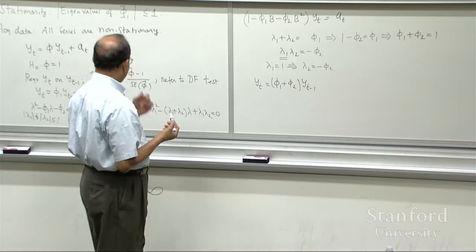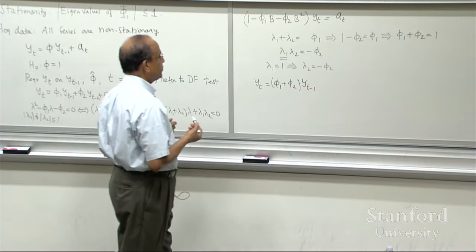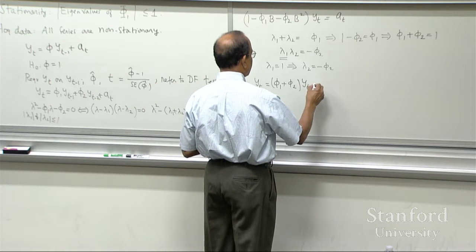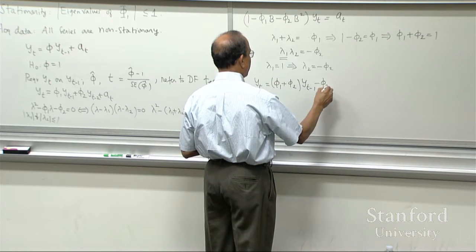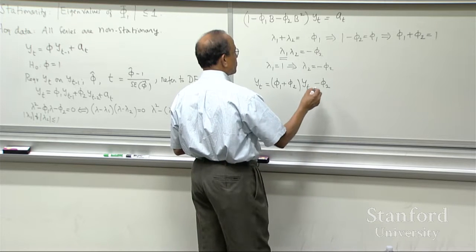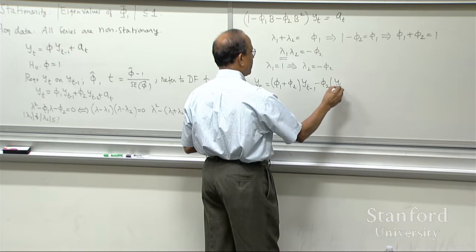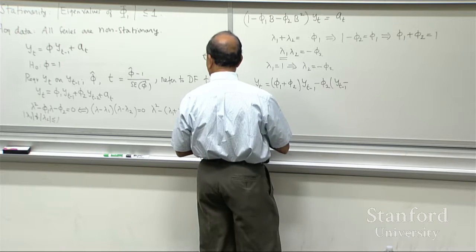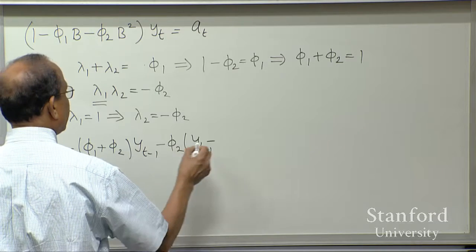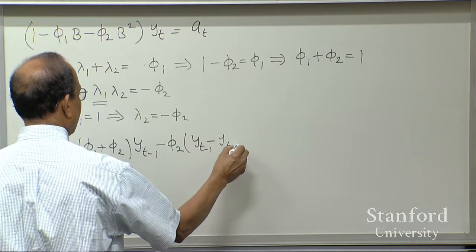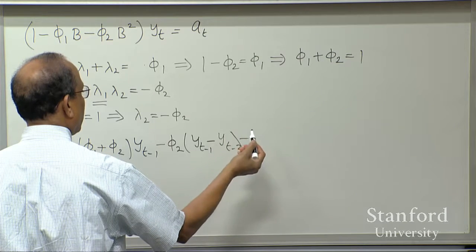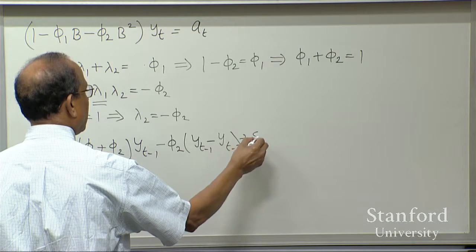Since I added pi 2, I am going to take it out. The way I am going to take it out is that I am going to write it as minus pi 2 times yt minus 1 minus yt minus 2, plus epsilon t.